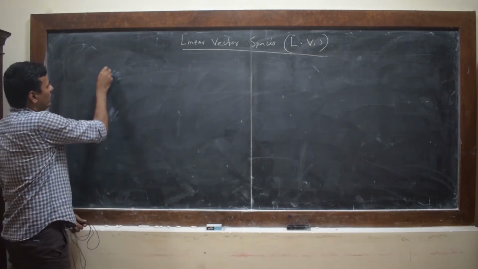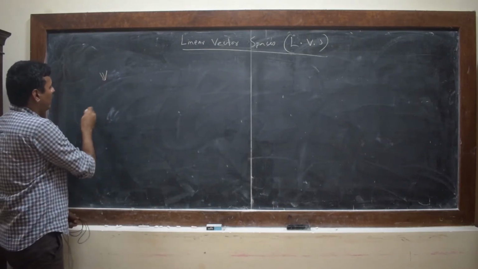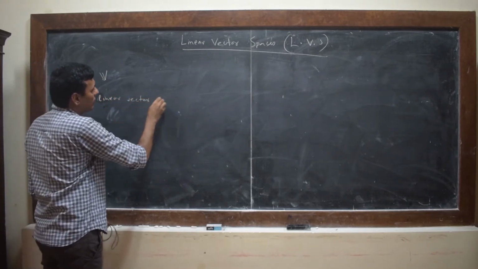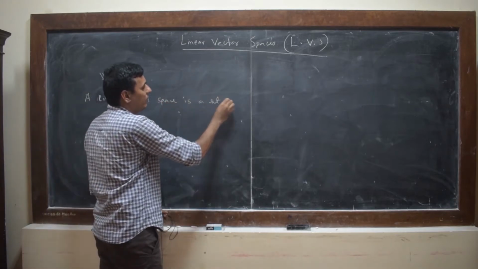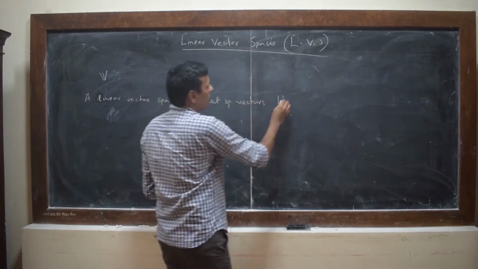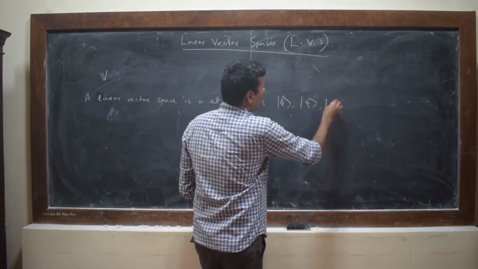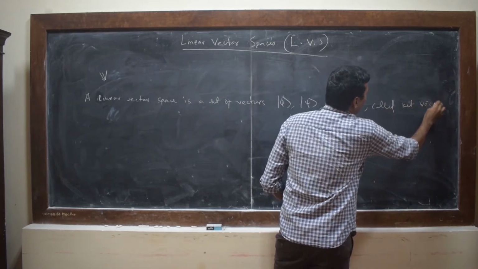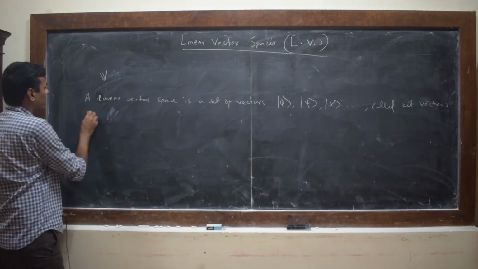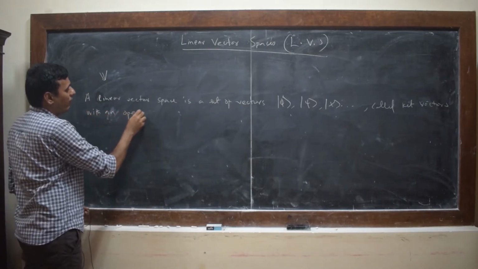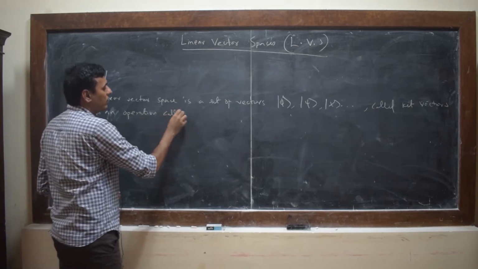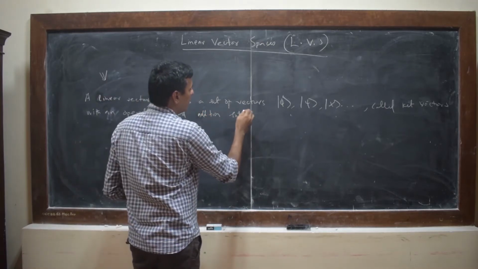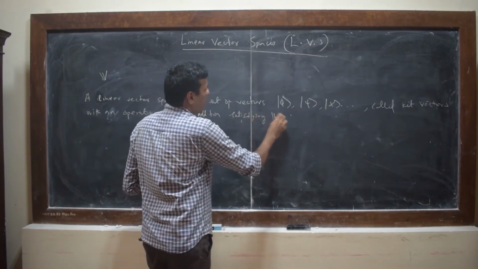A linear vector space is denoted by a bold V, and is a set of vectors phi, psi, chi, etc., called ket vectors, with an operation called addition satisfying the following properties.